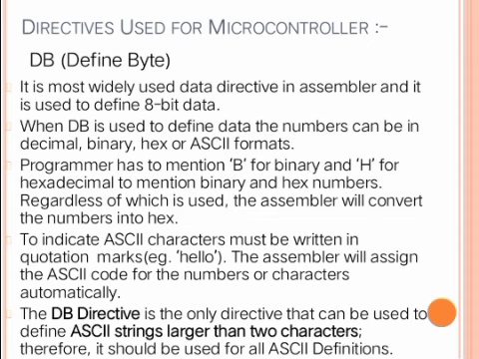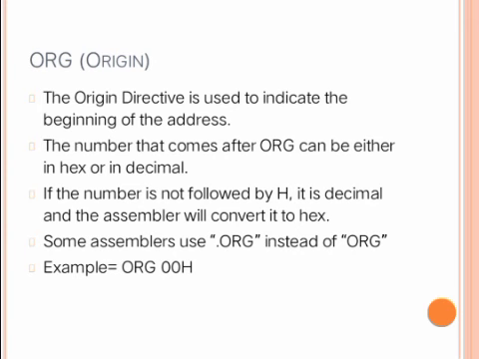So next, ORG means origin directive. The origin directive is used to indicate the beginning of the address and it is used at the start of the program. The number that comes after ORG can be either in hexadecimal or in decimal format. If the number is not followed by H, it is decimal and the assembler will convert it into hex.